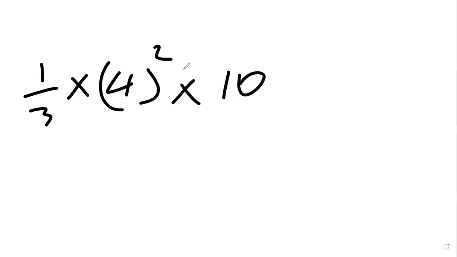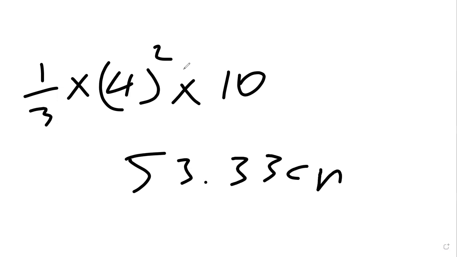Now remember, when we're dealing with volume, we must always put our answer in cubic units. So 1 divided by 3 is 0.3333, 4 raised to the second power is 16, and times 10 gives us 53.3333. You could just round this to the nearest tenth. Always remember that.